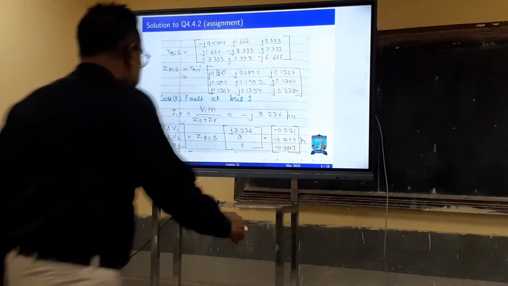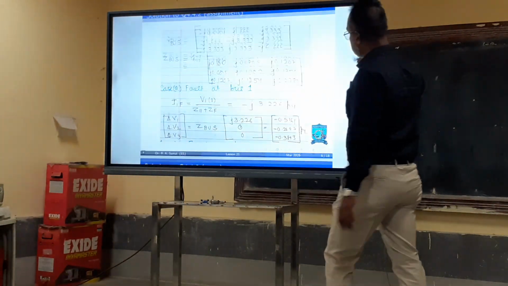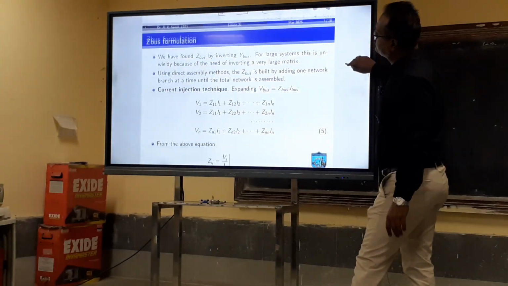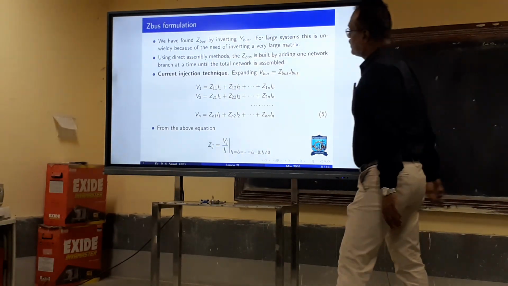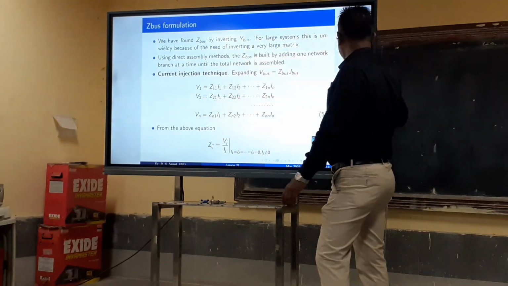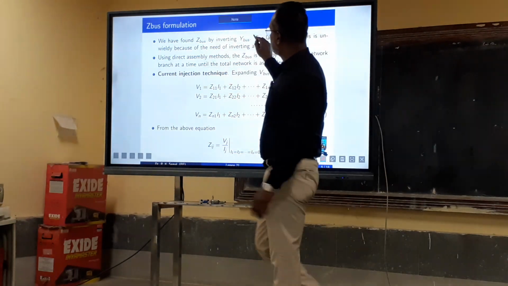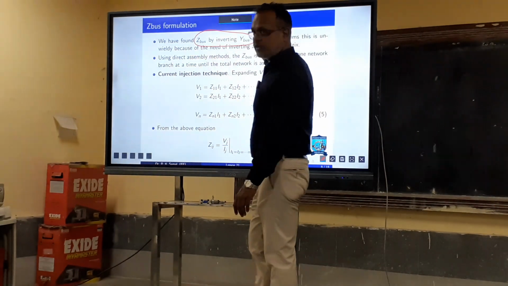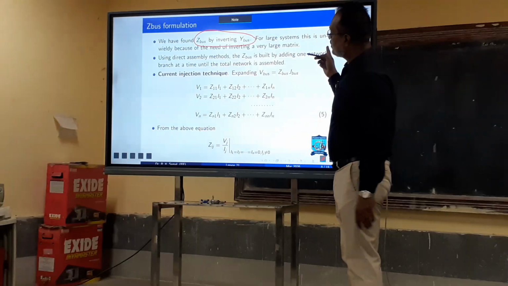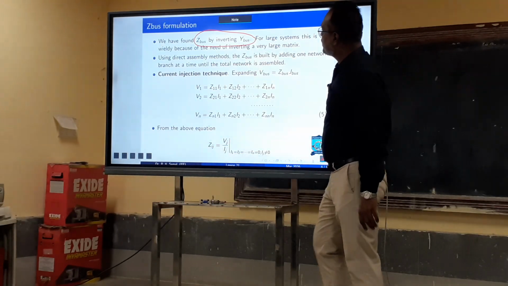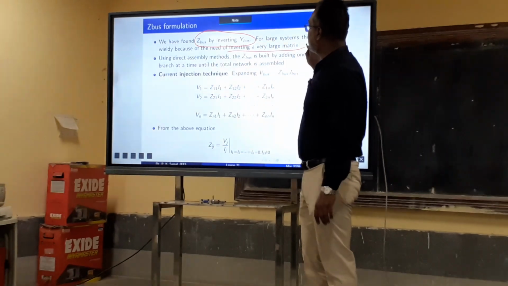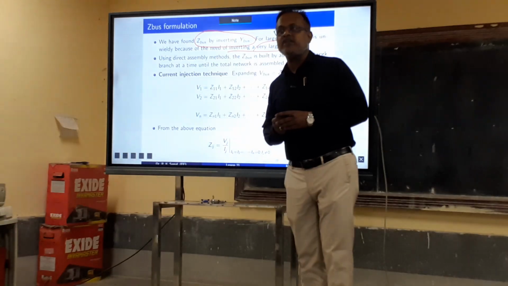So what do we do? We have found Zbus by inverting Y bus in this question. For a large system, this is impractical because inverting a very large matrix is computationally very costly.